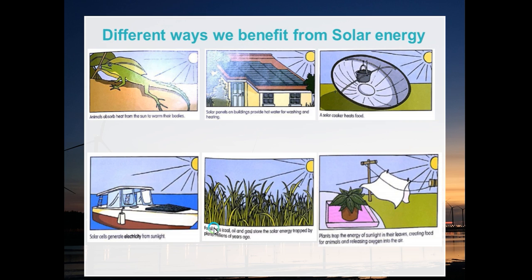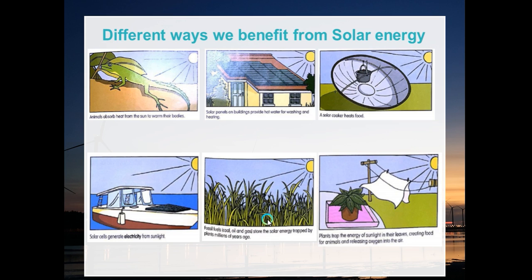Alright. Now fossil fuels, coal, oil and gas, store the solar energy trapped by plants millions of years ago. If you remember in our lesson, plants manufacture their food from sunlight. So when they get this from sunlight, even when they are dead, it's still there.